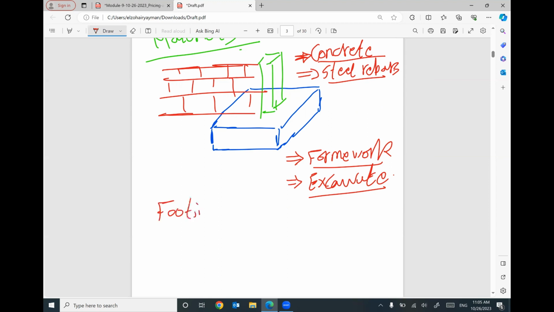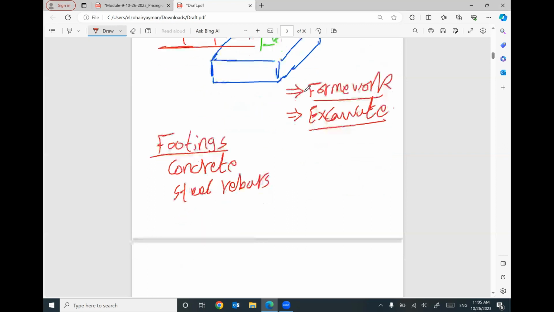Footing: we have concrete, we have steel rebars, formwork, soil excavation.